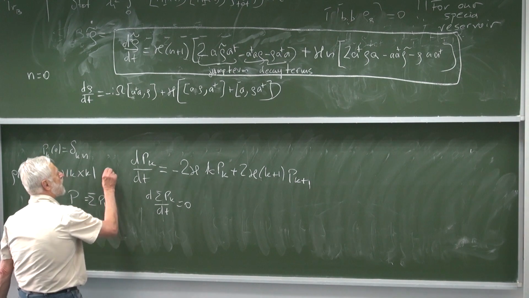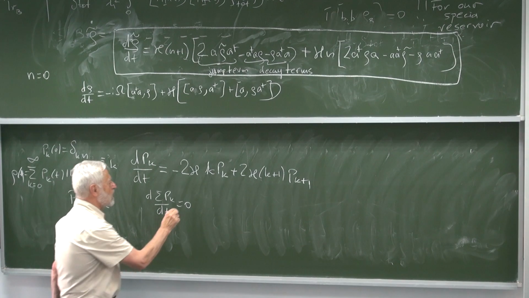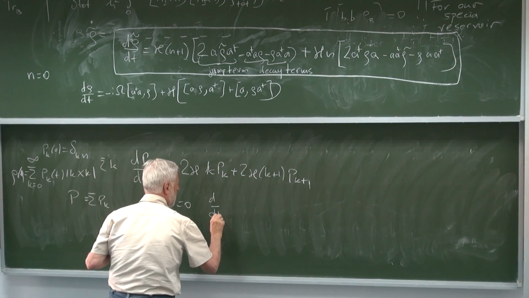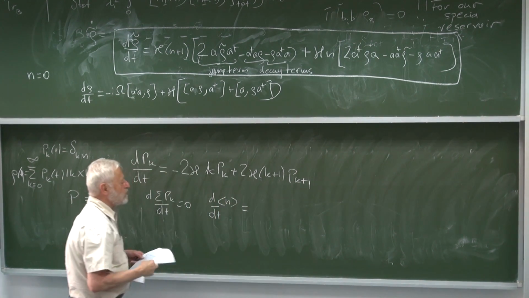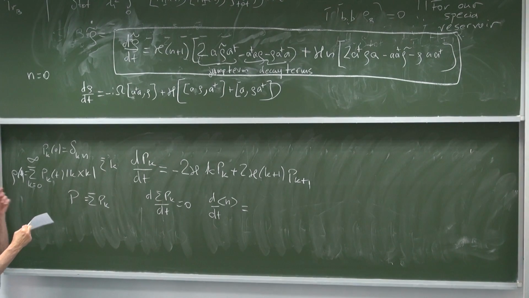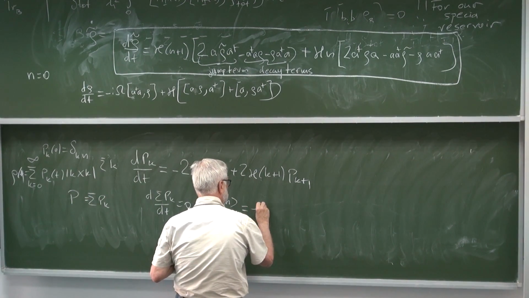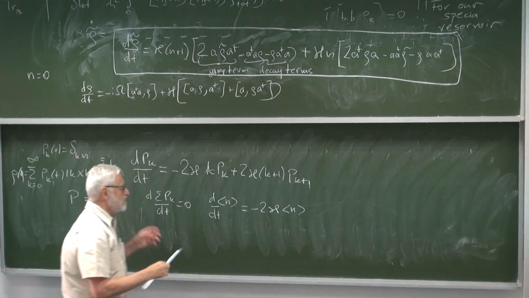Then, if I take and multiply everything by k and sum over k, then I will get the equation d by dt for the mean value of quanta. I will change this in time, and I'm sure that you can do it yourself. This would be minus 2 kappa times the mean value of n. Very nice.